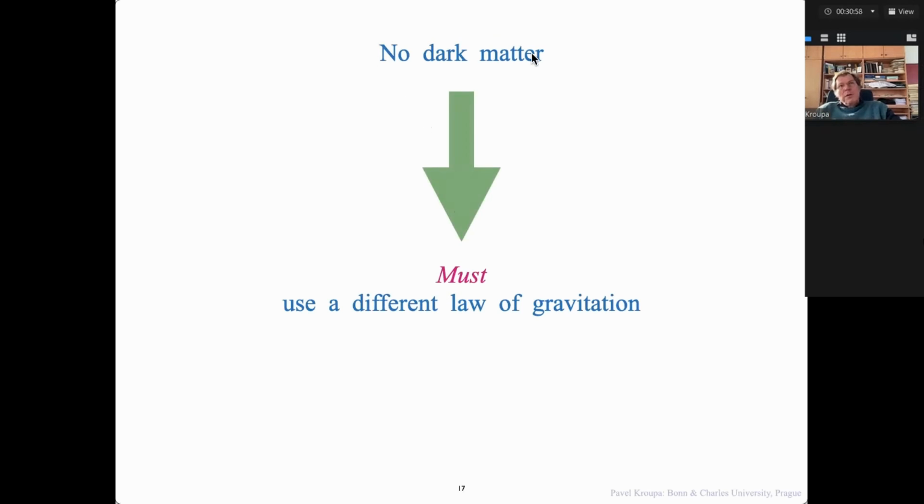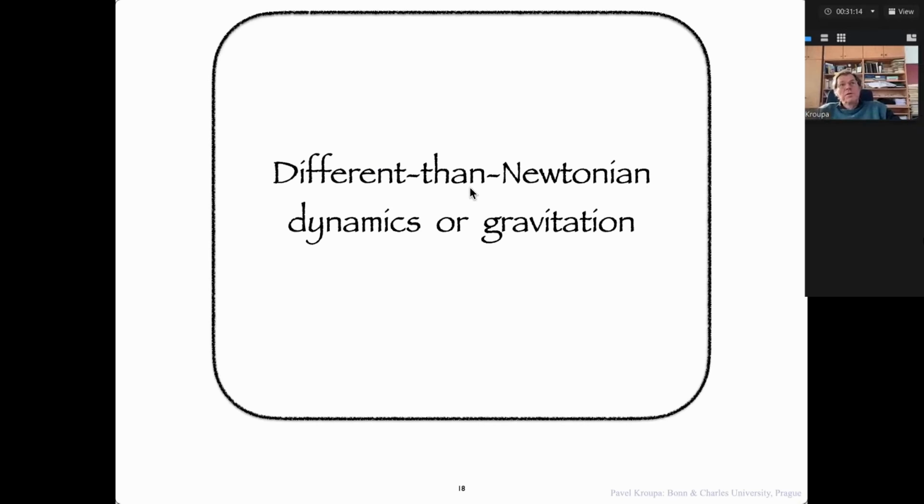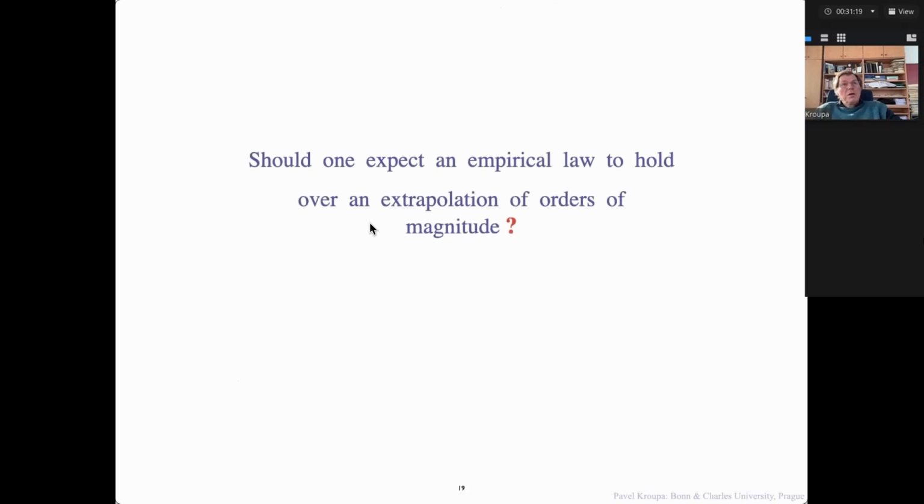Okay, so this test for the existence of dark matter is independent of any idea of an alternative theory of gravitation or of MOND. But since there is no dark matter, then we must therefore change the law of gravitation, so different from Newtonian dynamics. And here we are currently testing MOND. Here one could argue, first of all, going back historically, how was the current understanding of gravitation developed?